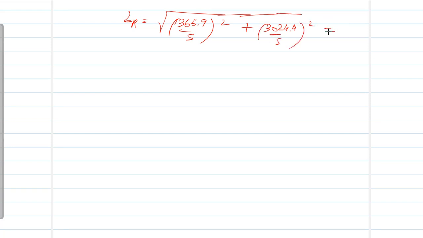So 1366.9 square plus 3024.4 square, square root, answer, that is 3318.9 divided by s Newton per millimeter square.